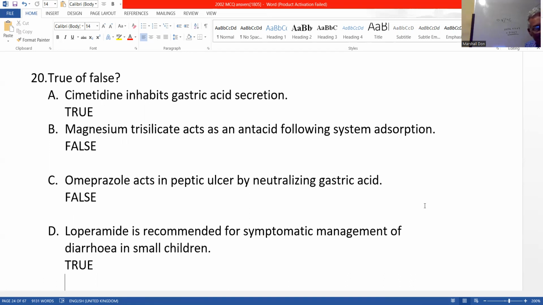Omeprazole acts in peptic ulcer by neutralizing gastric acid. That is false. Omeprazole is actually a PPI, a proton pump inhibitor. See, this is a cell in the stomach, and this is the stomach juice.